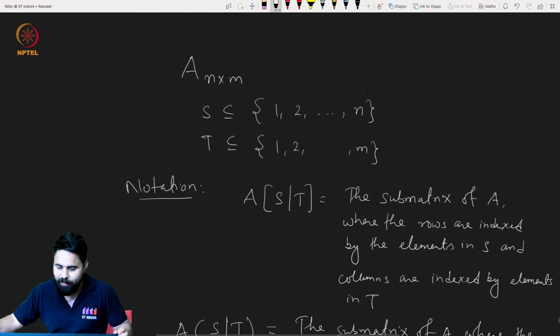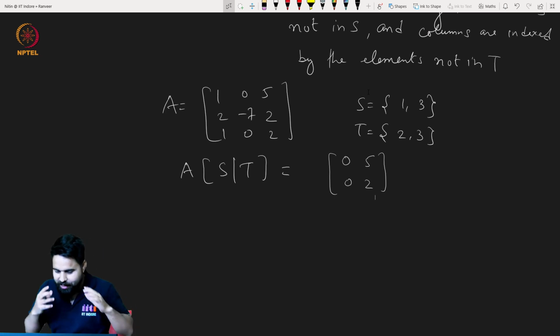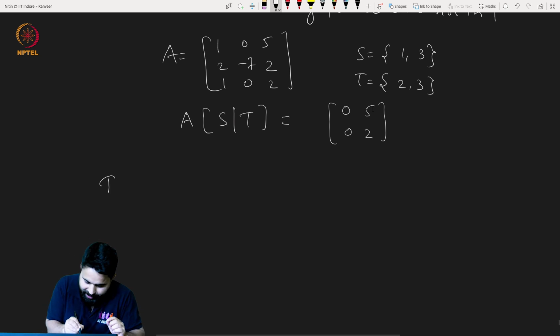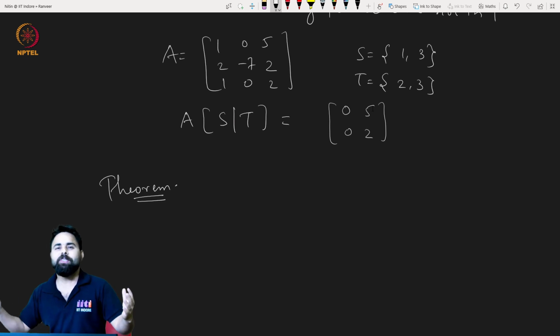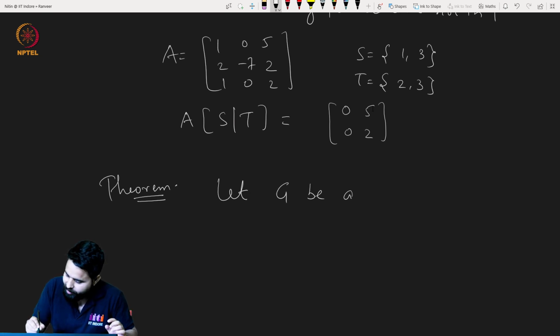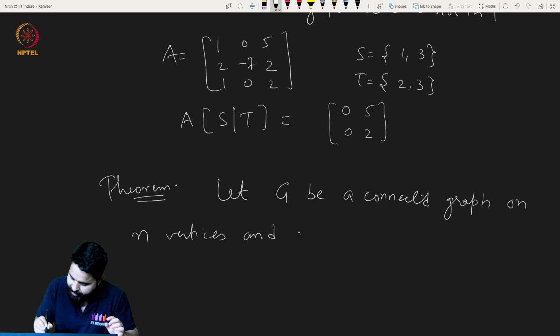Now let me state one of the most beautiful results of this lecture. This theorem tells that, suppose G is a connected graph on n vertices and m edges.